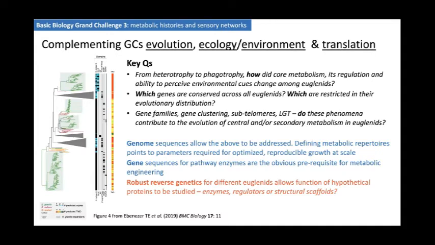It's useful in many contexts to reconstruct those metabolic histories, perhaps in spotting ways to make defined media for some taxa, or for spotting opportunities for metabolic engineering and synthetic biology. But we can also ask around gene families, gene clustering, the subtelomeres, lateral gene transfer. How do these phenomena contribute to the evolution of central and secondary metabolism in euglenids?